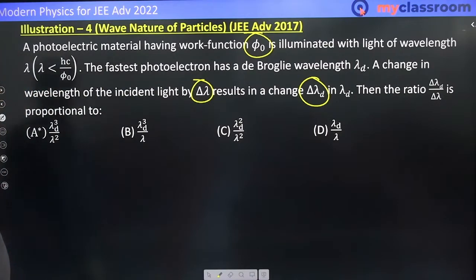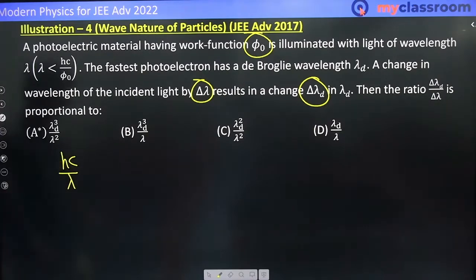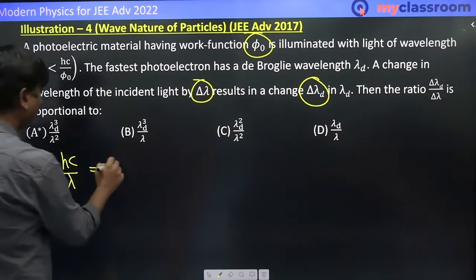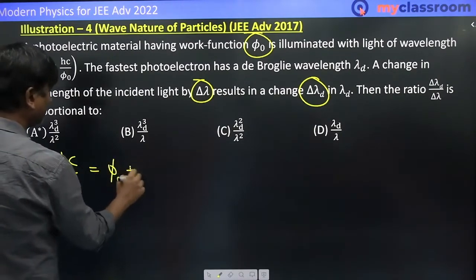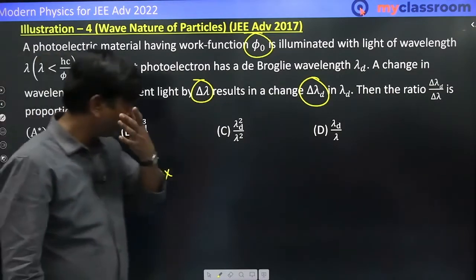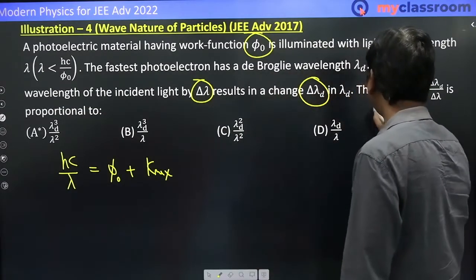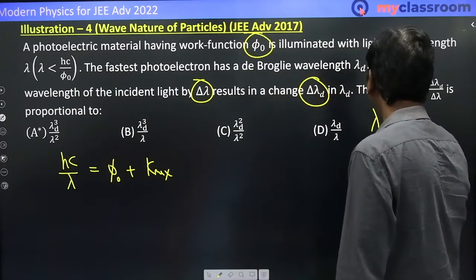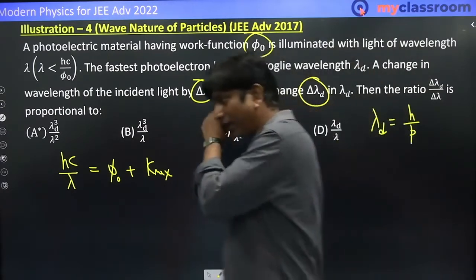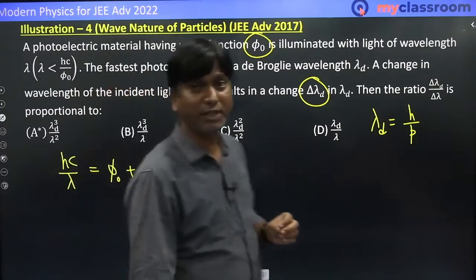So first let us write this: hc by lambda, energy of each photon, is equal to work function plus Kmax. And you know de Broglie wavelength is always equal to h by momentum. De Broglie wavelength of any particle is nothing but h by momentum of the particle.